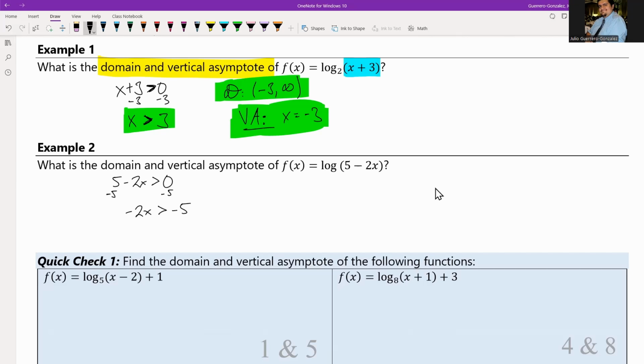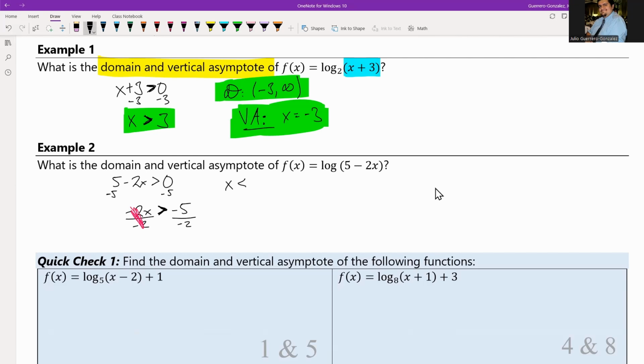Now this might be something you remember from high school. The next step would be to divide by -2. That cancels these two out. Whenever you divide by a negative, it flips the sign toward the other direction. So now I'm going to have this.